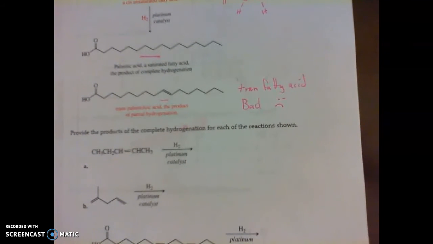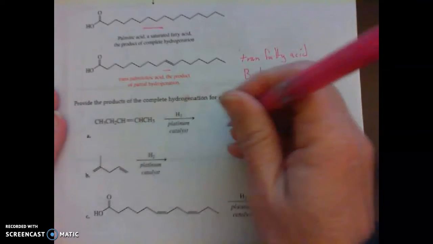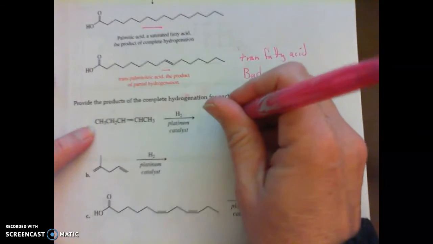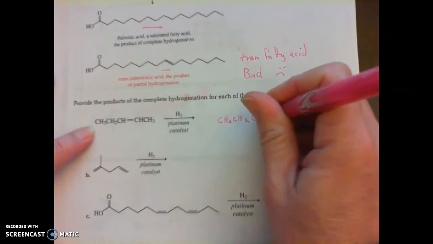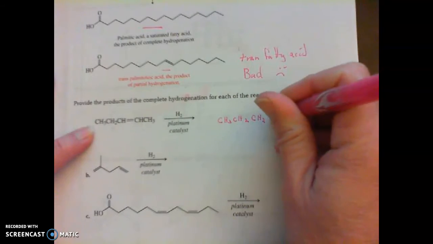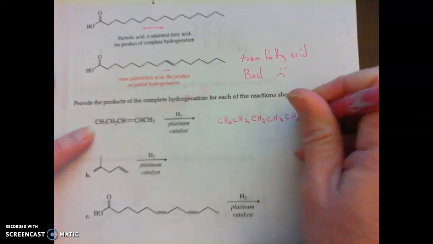So, providing the products of complete hydrogenation for each of the products shown is just a matter of adding hydrogens. So for this one we'd get CH3, CH2, CH2, CH2, CH3.